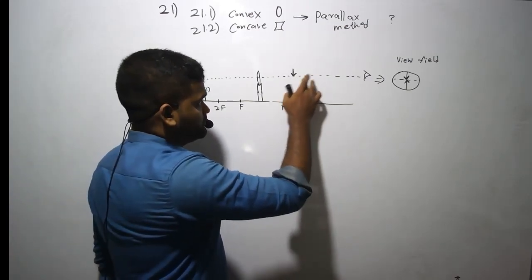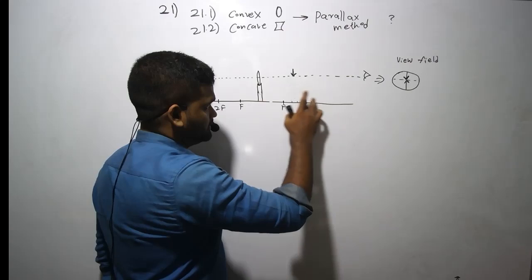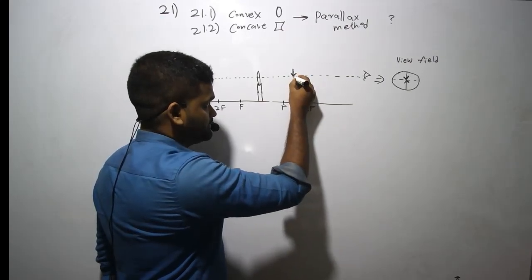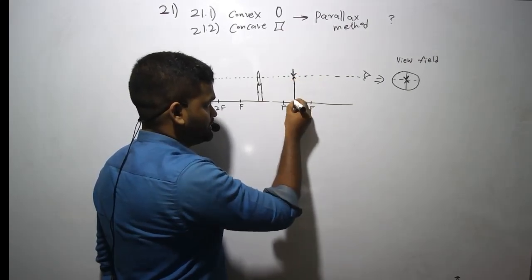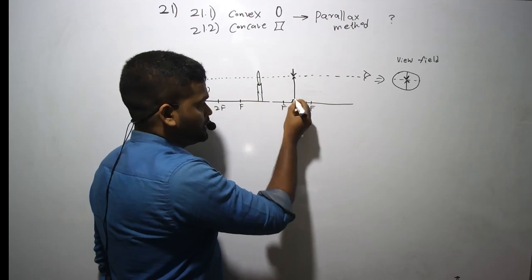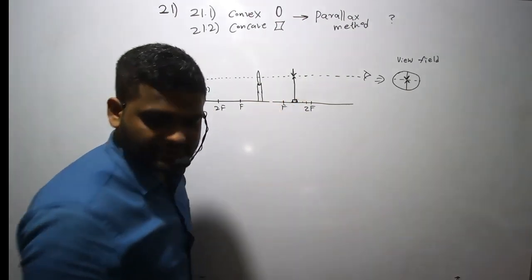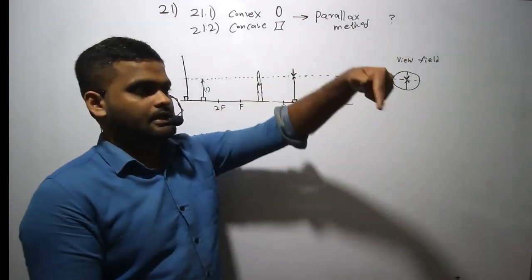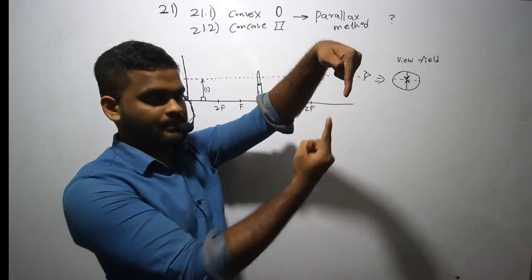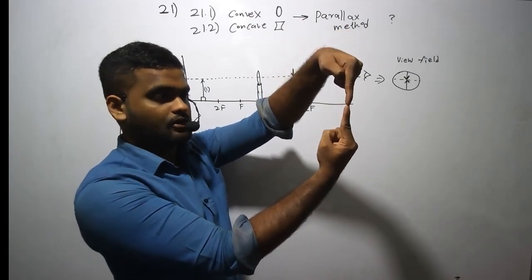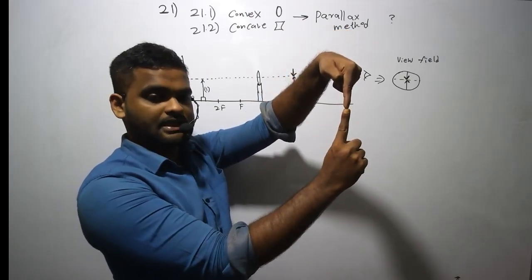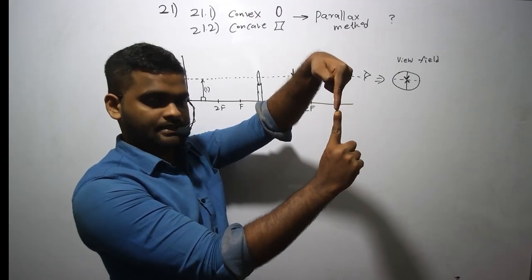So let's say you move this pin to this side, so it coincides with the image. When you move it to this side, it is like this, right? Let's say this is the inverted image, and you place the object observing pin here, and they are coinciding.